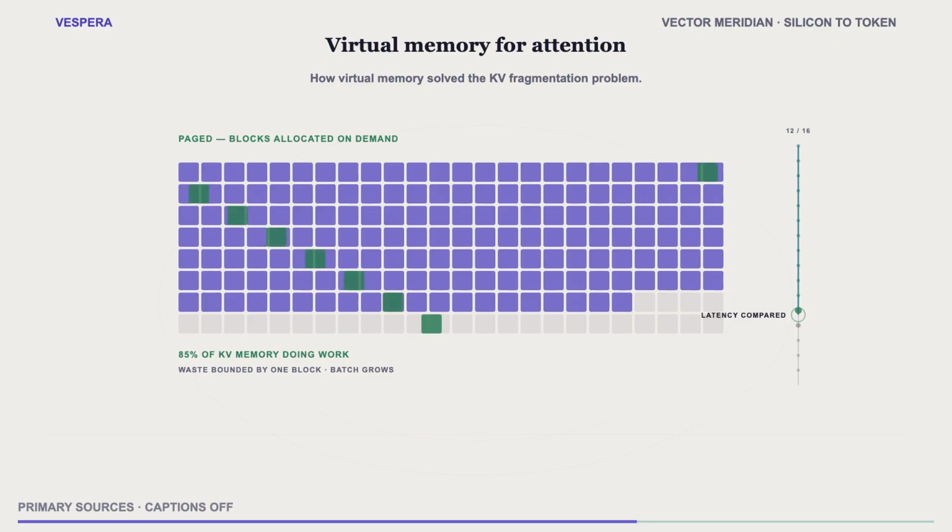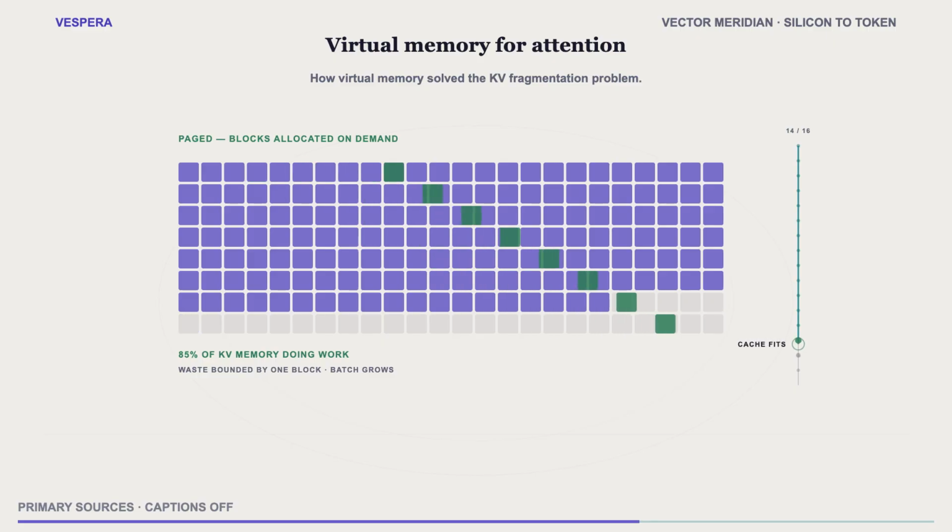The number of requests you can batch is set by how much KV cache fits. Waste memory and you batch fewer. Batch fewer and your arithmetic intensity falls further below the ridge point and everything slows. So a memory management improvement shows up as a compute improvement through a chain of consequences that touches nothing anyone would call compute. The authors are also honest about the cost, and it is real.